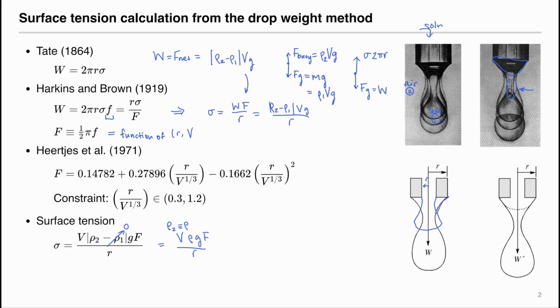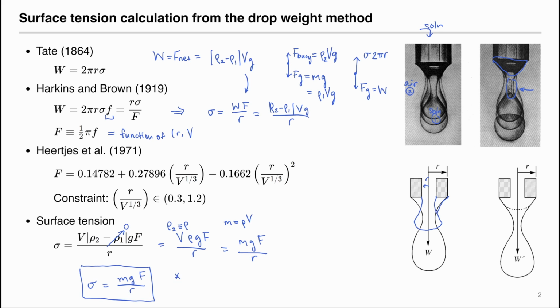And note that the mass is just rho times V, so we have mass times gravitational acceleration times correction factor divided by r. So in the simple case of a big difference between densities, the surface tension is just the weight of the droplet multiplied by the correction factor divided by r.